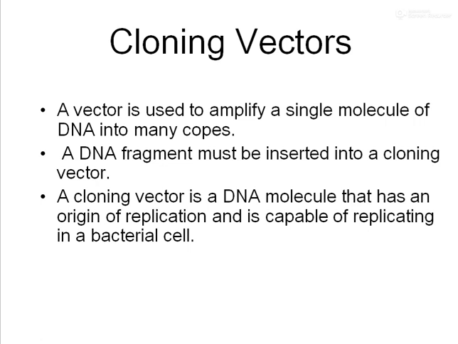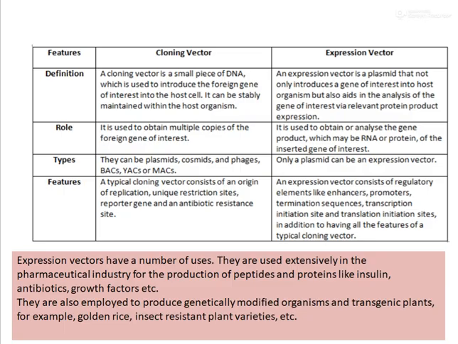So I guess you got an understanding of what a cloning vector and an expression vector are. When you just want to make multiple copies of the gene of interest, that is a cloning vector. But if you want a better expression of that particular protein, then you use an expression vector.